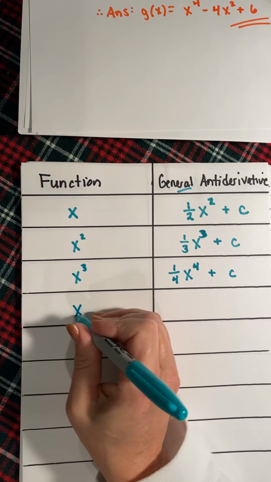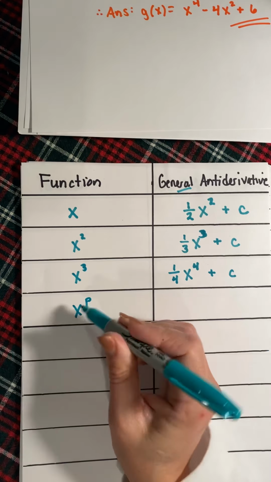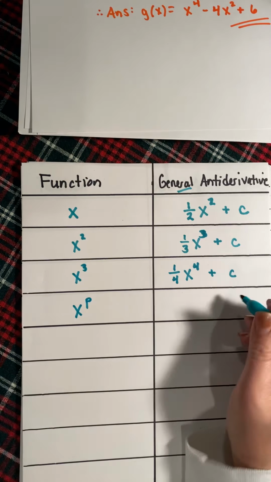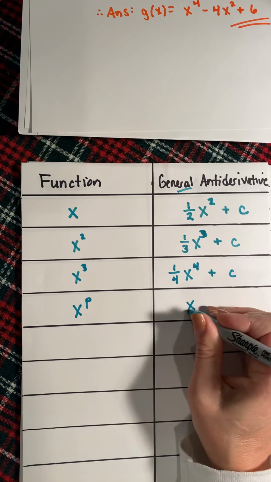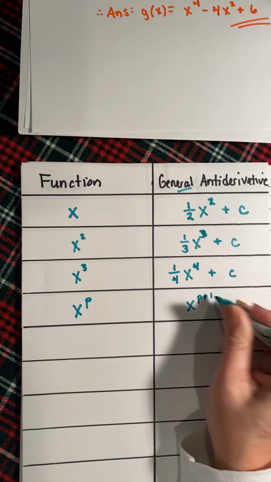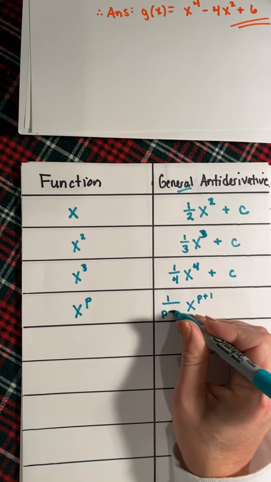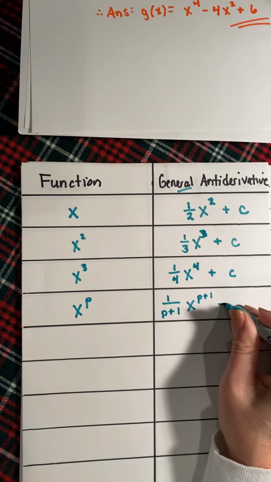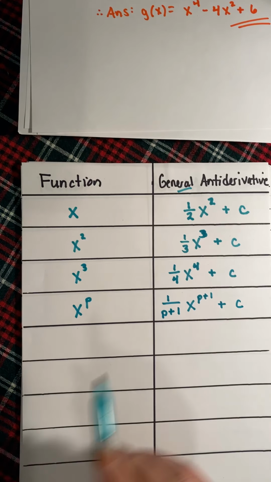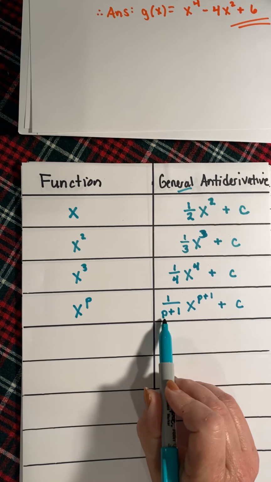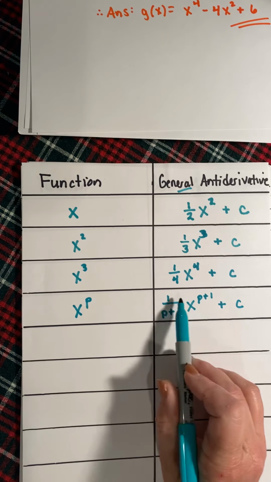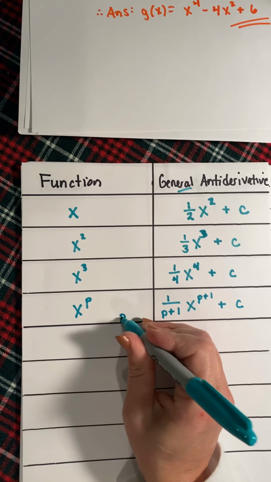So in general, if we have a power function, when we took the derivative, we brought the power out front and dropped the power by 1. Here, we're going to add 1 to the power to find the antiderivative, and the coefficient out front will be the reciprocal of the power, for any power except for -1. Because if p equals -1, then we're going to get 1 over 0 here, which doesn't work.